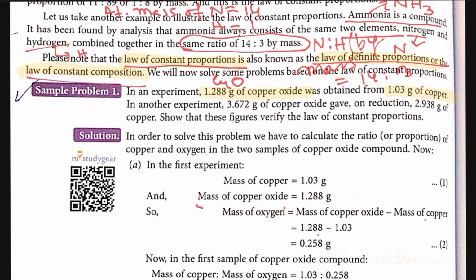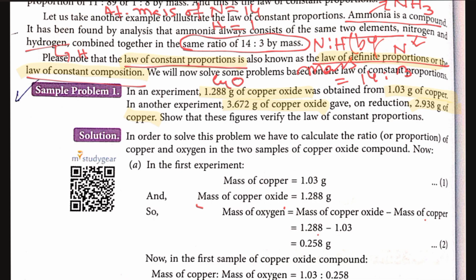And in another experiment, it was seen that 3.672 gram of copper oxide gave on reduction 2.938 gram of copper. So there are two experiments.